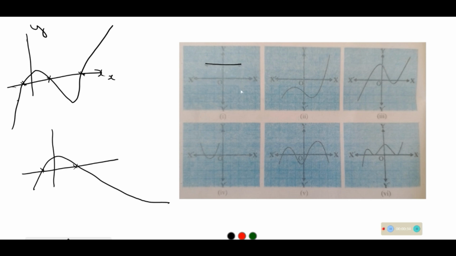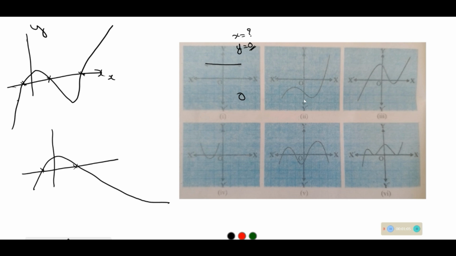When it touches the x-axis, that is where y is equal to 0. So for what value of x, y becomes 0, that is called the root. Whatever the value of x, y is never becoming 0. It's going parallel to the x-axis. So this one does not have any roots. It has 0 roots.